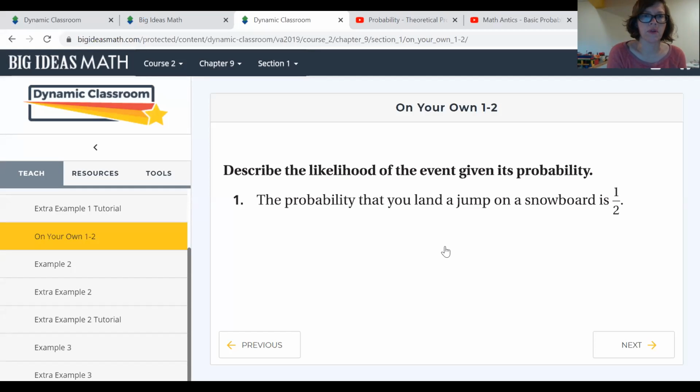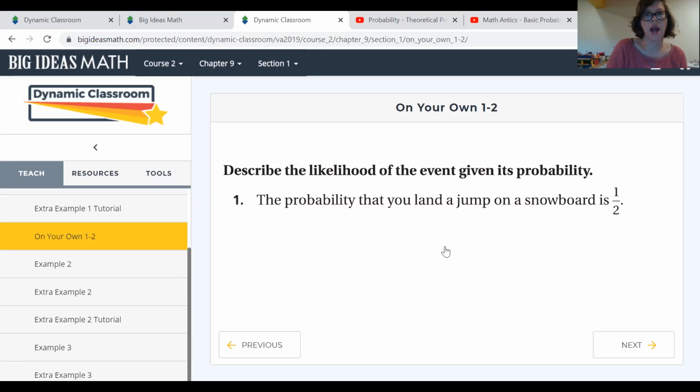All right, so problem 1 says, describe the likelihood of the event given its probability. The probability that you land a jump on a snowboard is 1/2. Okay, so what would be the likelihood of that event occurring?